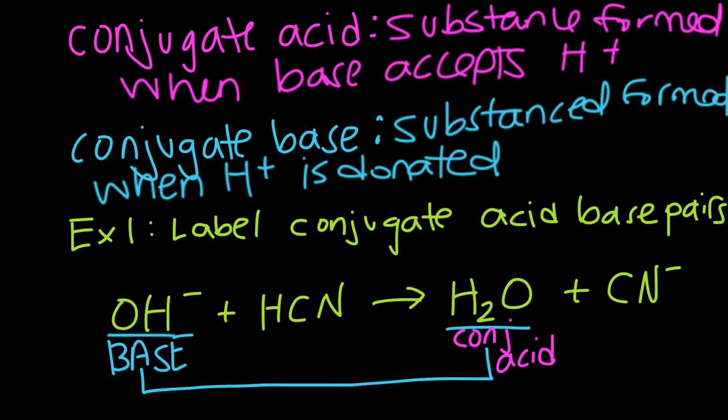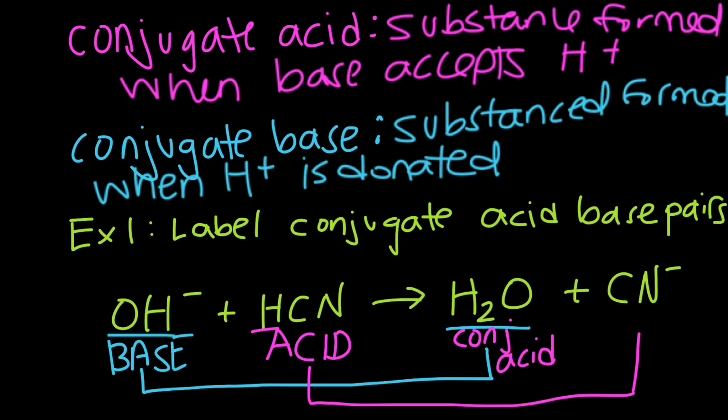So one's going to be a base, the other's going to be an acid. So this has to be the acid. How else could you figure that out? Well, it starts with H, so that's usually a good indication. And then if you take a look at the other product, CN minus, that's just HCN once it's lost its H plus. Okay, so the CN minus is your conjugate base.